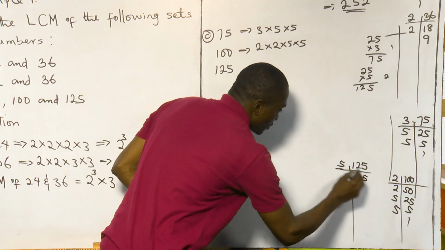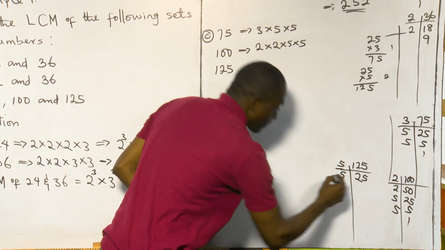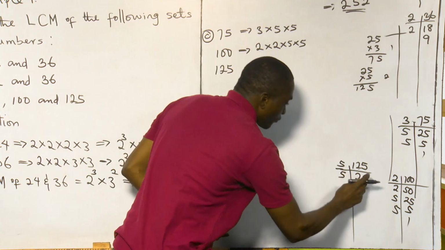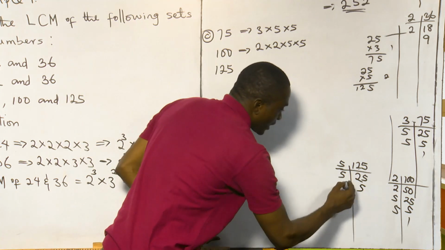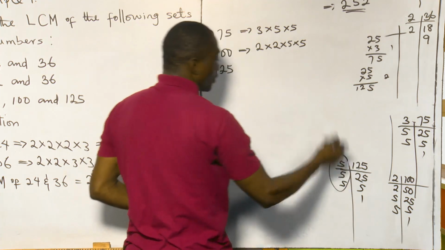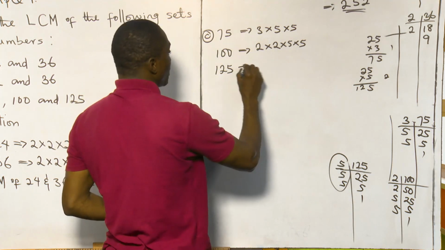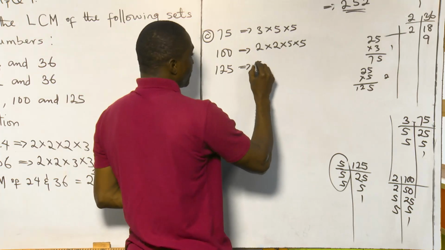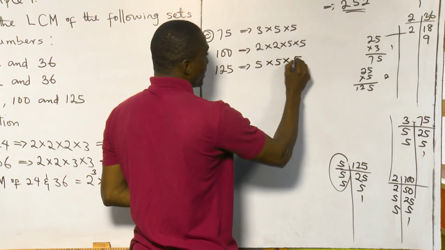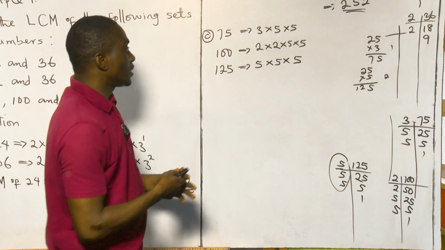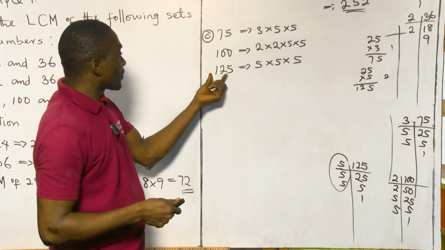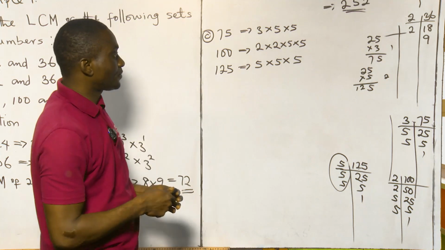Now the next we use is 5, because that is the least prime factor of 25. 25 will give us 5, and 5 in 5 will give us 1. So the product of these numbers will be 5 multiplied by 5 multiplied by 5. Okay, so these are the product of prime factors of 125.